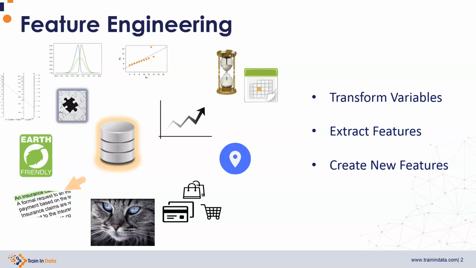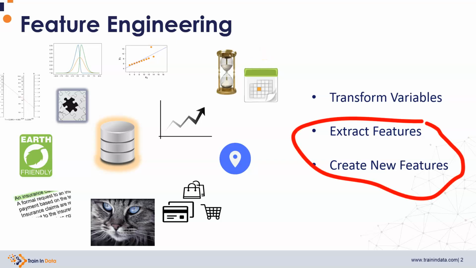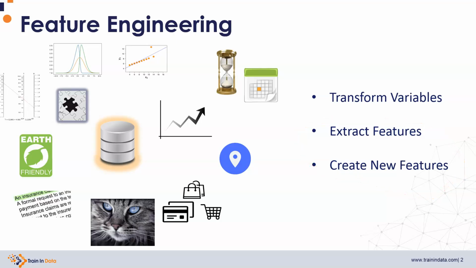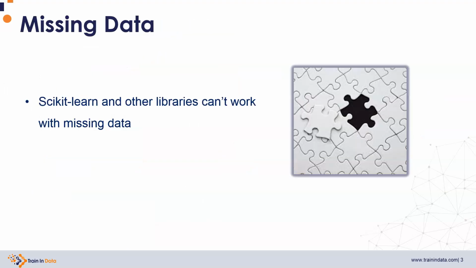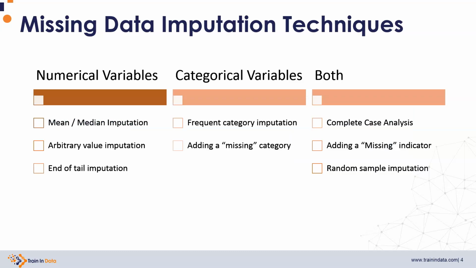We also mentioned that data can be text, or images, or transactions, or time series, or distance, or variables of date and time, and we would like to extract or create new features from this data that we can feed into our models. In order to do all of this, there are specific techniques that we can use. For missing data imputation, we can perform a variety of techniques.